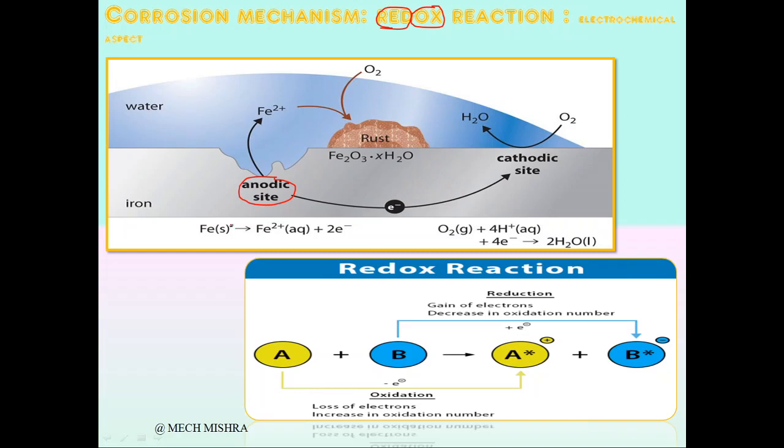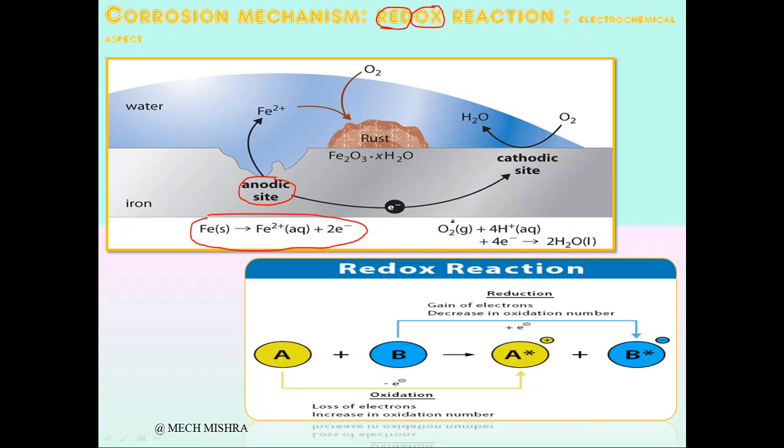At the anodic side the oxidation reaction will happen. So what is oxidation? Oxidation is release of electrons. So here iron gets oxidized, Fe converts into Fe2+ by releasing 2 electrons. This process is called oxidation.